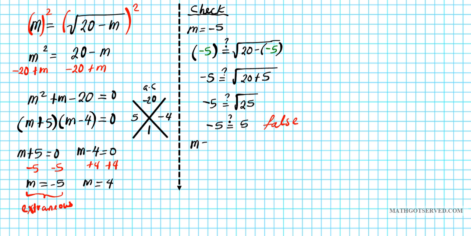So now we're going to check m equals 4. We're going to substitute it into the original equation by asking ourselves, is 4 equal to the square root of 20 minus 4? So we're going to proceed to simplify the left and right sides.